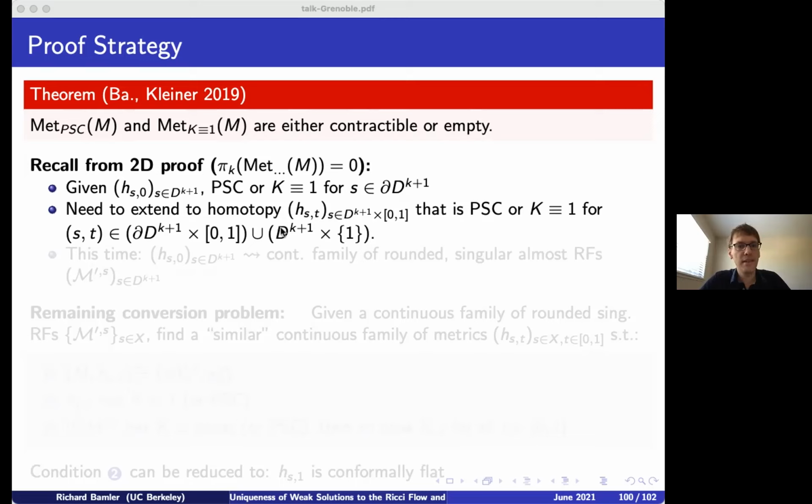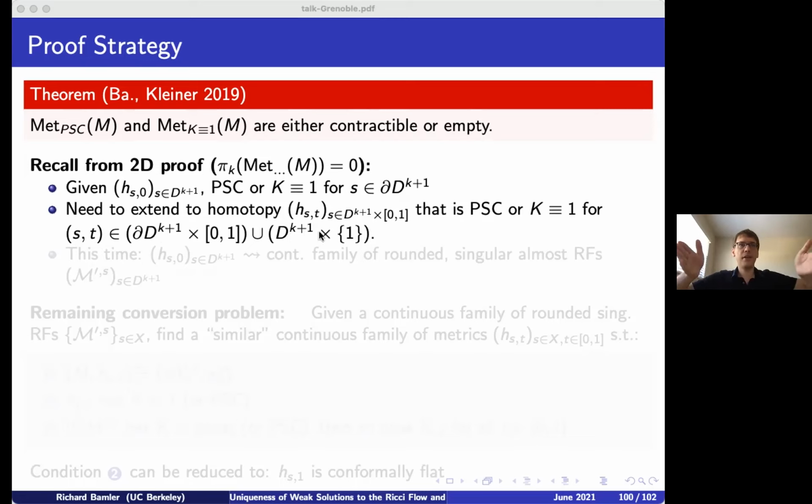So when (s,t) is in this set, which is some of the final end of this homotopy, then h_{s,t} is PSC or has even constant curvature. And also if s is in the boundary of our disk, well, then it just corresponds to a Ricci flow, which is either PSC or has constant curvature. Then for any t, h_{s,t} is PSC or has constant curvature. Okay? Okay. So this metric is basically nice whenever (s,t) is in the subset.